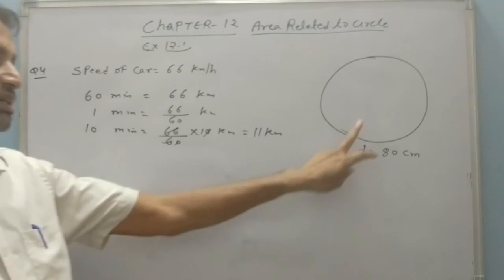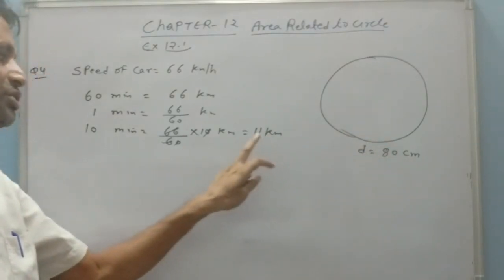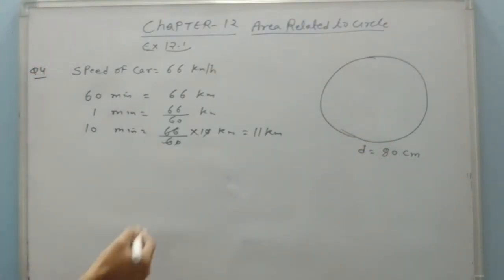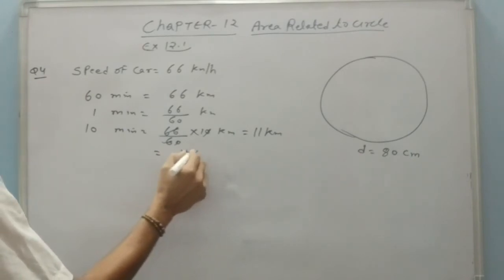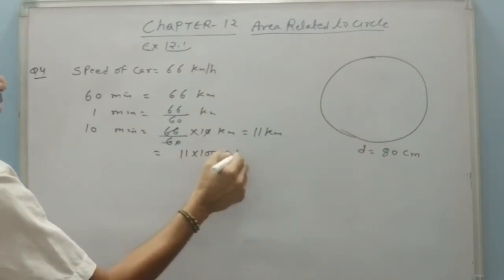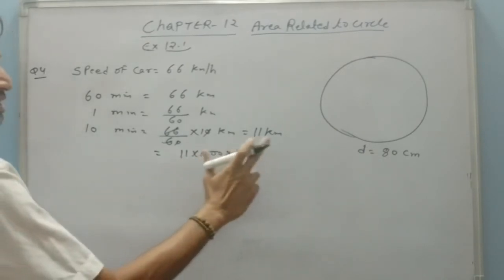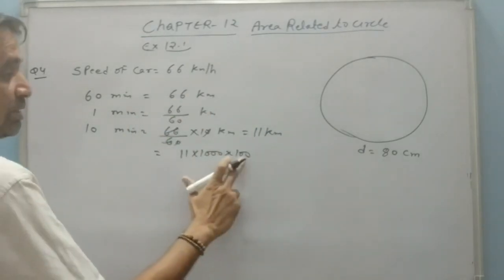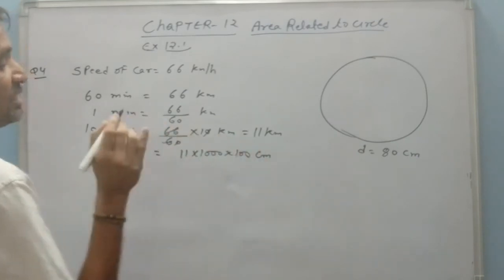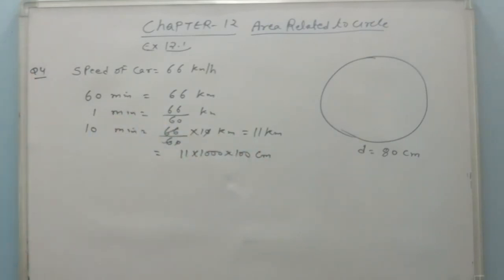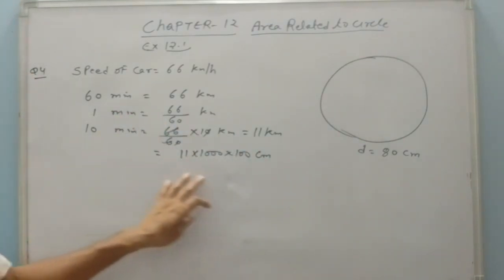The diameter of wheel is in centimeter, so we should do it in the centimeter. So it will be 11 into 1000 into 100. किलोमीटर से पहले मीटर मल्टीप्लाई बाय 1000, फिर मीटर से सेंटीमीटर मल्टीप्लाई बाय 100, then it will be in सेंटीमीटर. मीन्स कार जो डिस्टेंस कवर करेगी 10 मिनट्स में वो इतना होगा.